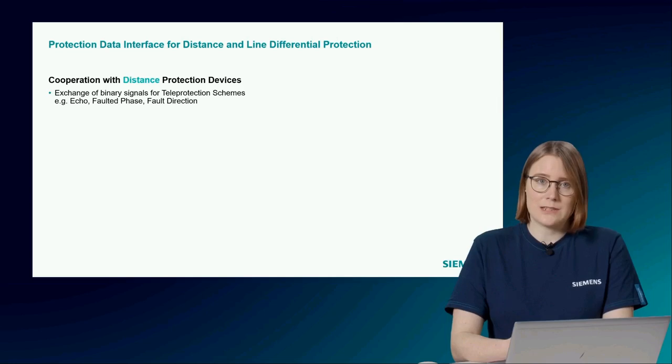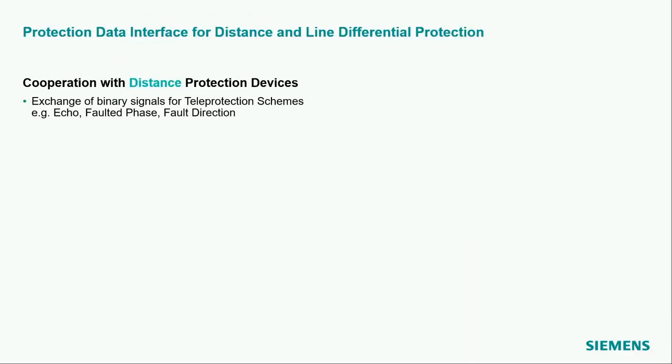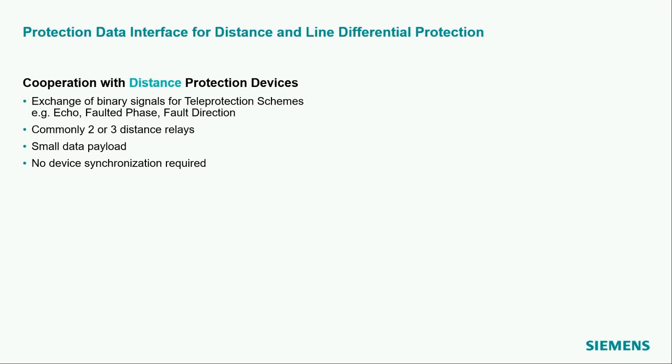For distance protection applications, we only need to exchange binary signals for teleprotection schemes, like an echo signal, the information about the faulted phase or the fault direction. We typically only have a setup of 2 to 3 devices. The transmitted data payload is small, and the device synchronization is not needed.